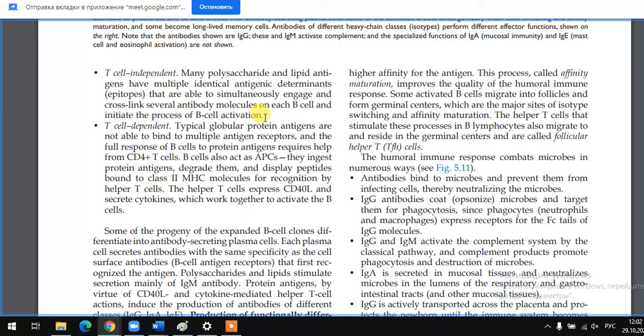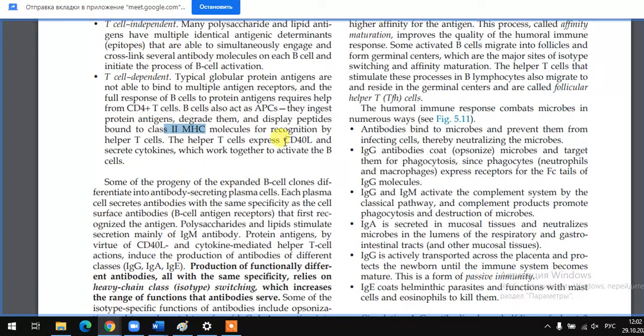But we have the T cell independent and T cell dependent reactions. The T cell dependent reaction is related to the function of CD4 positive T cells. As I remind you once again, CD4 positive T cells are known as T helper cells, and they produce cytokines to activate the B lymphocytes. B cells are APCs, antigen presenting cells, because they possess MHC class 2 molecules, and they present to helper T cells.